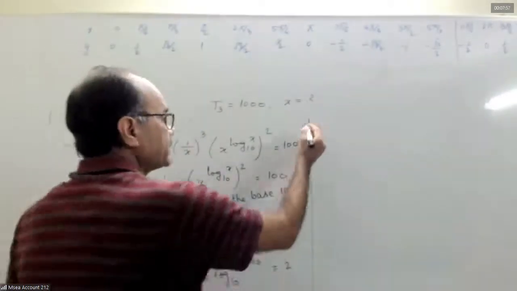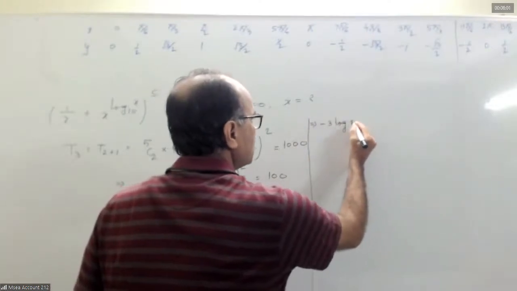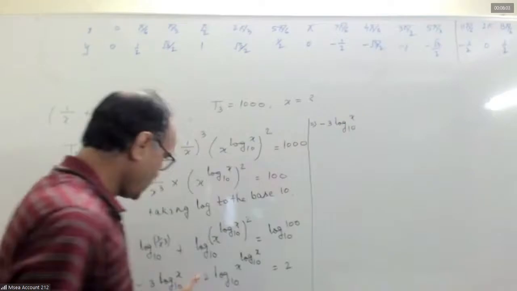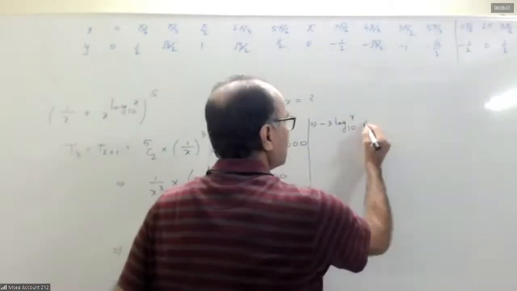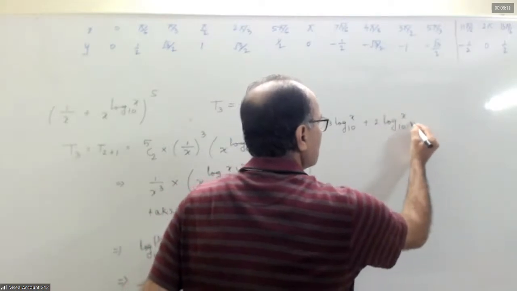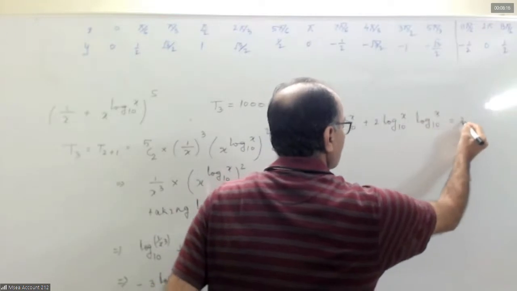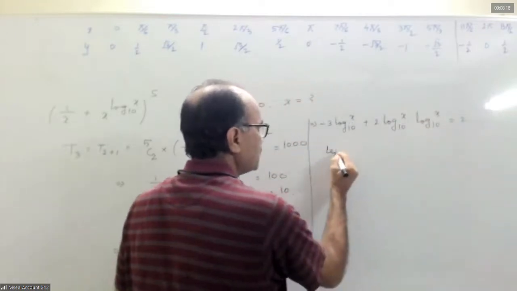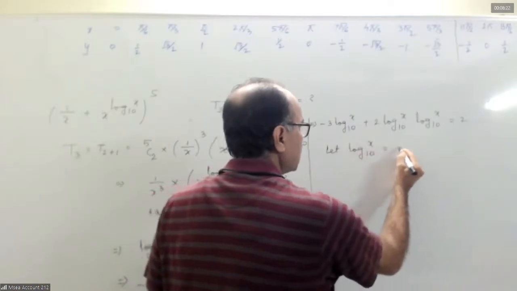So this becomes minus 3 log x base 10 plus 2 times log x base 10 into log x base 10 equals, let log x base 10 equal to some t.